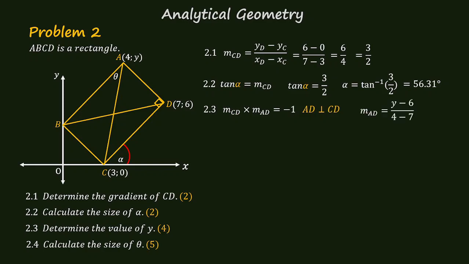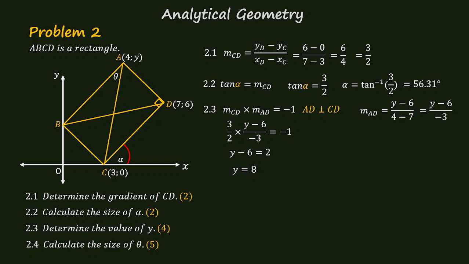The gradient of AD will be given by y minus 6 over minus 3, simply because we don't have the value for y. And then we have the gradient of CD, which is 3 over 2. If I multiply the two, I should get -1. Simplify that, I get y equals 8.